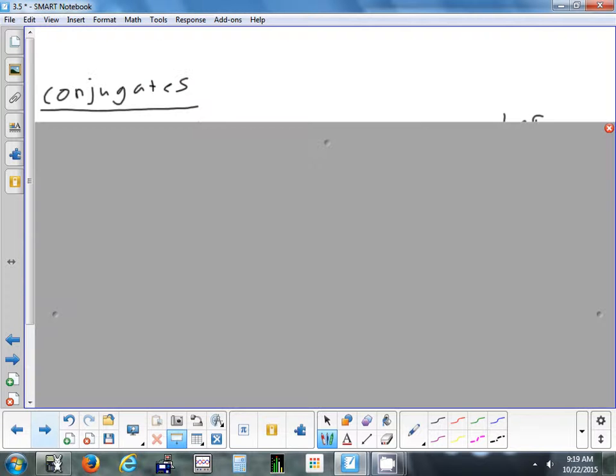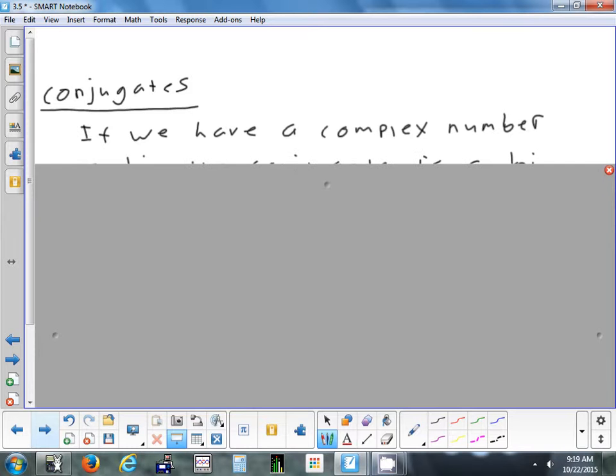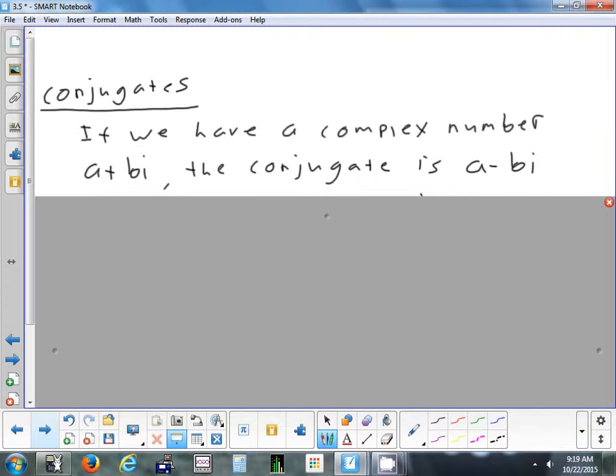All right. So the last operation before we'll see how this applies to complex roots is division. Okay, to do division, we're going to use what's called a conjugate. All right, so what's a conjugate? Well, if you had a number a minus bi, you can pretend like it's 3 minus 4i, some complex number.